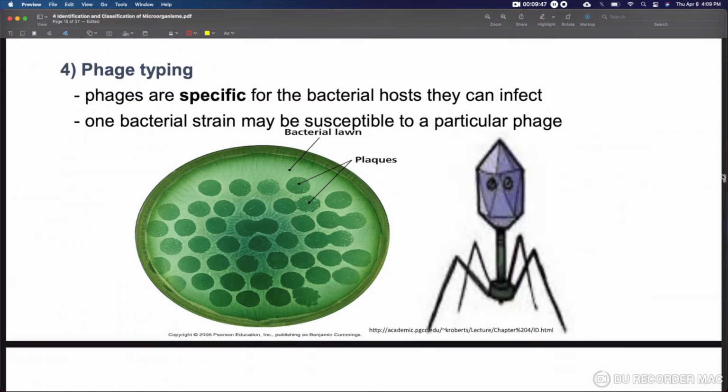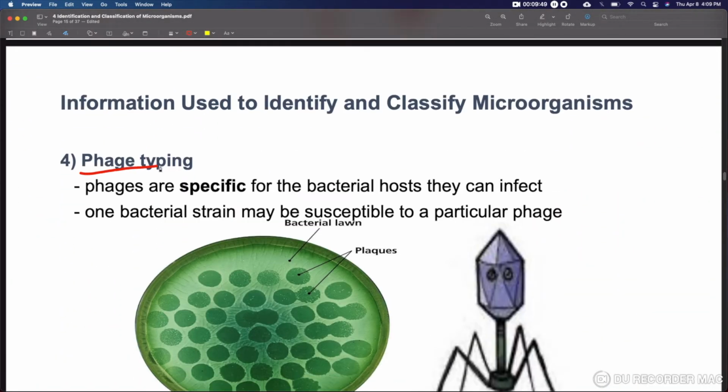Moving on, we also use what we call phage typing. Here, just like in your antibody and your serological test, your anti-sera, in phage typing we take advantage of that specific relationship between your bacteria and the bacteriophage. So again, bacteriophages are those viruses that specifically attack certain species of bacteria.